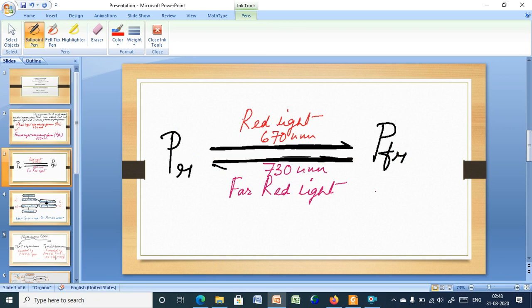And most interestingly, this PFR form can be converted into the PR form spontaneously. This spontaneous conversion in the dark period is known as dark reversion.